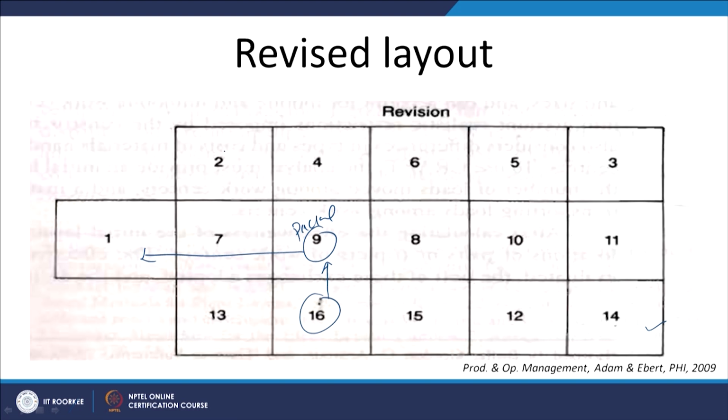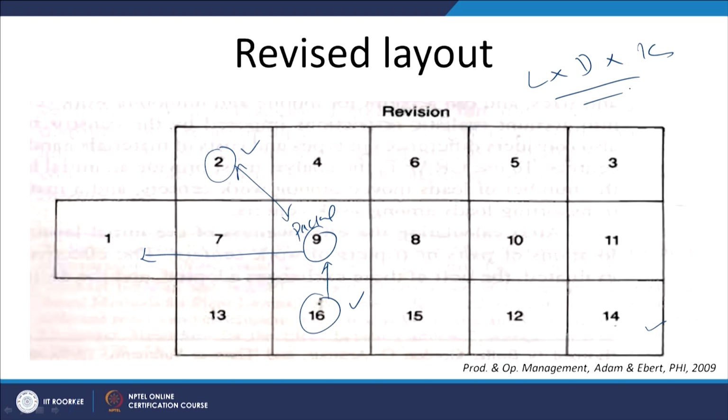Shifting the packing area 9 towards the shipping area has also reduced the distance between the store 9 and the packing area. So, the packing area, the store 16 and 9, and the shipping area, which were causing very high cost on account of the load into distance into cost factors, have all been reduced. It is expected that this will reduce the total cost also.